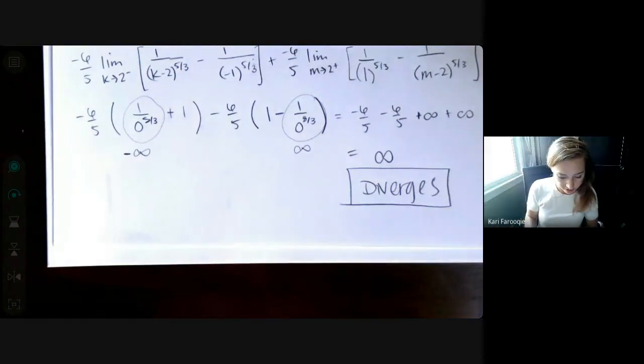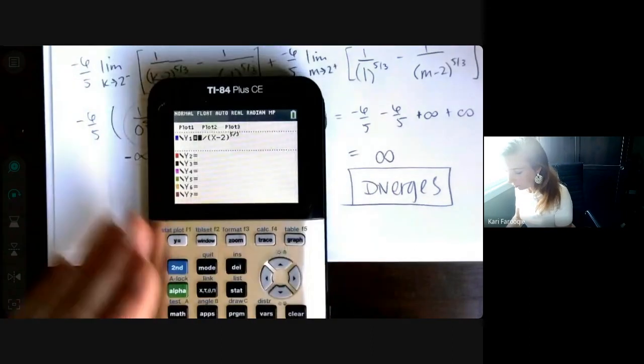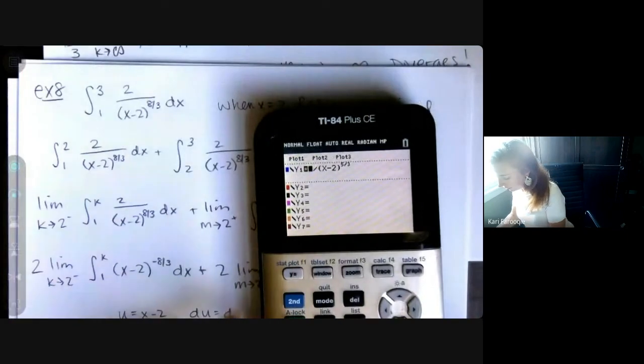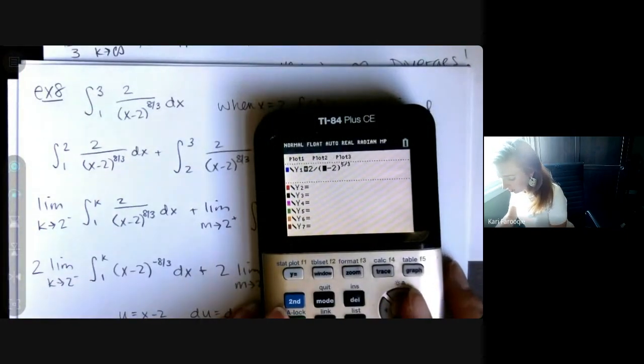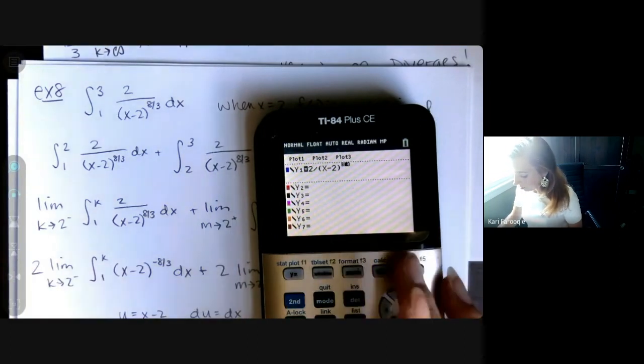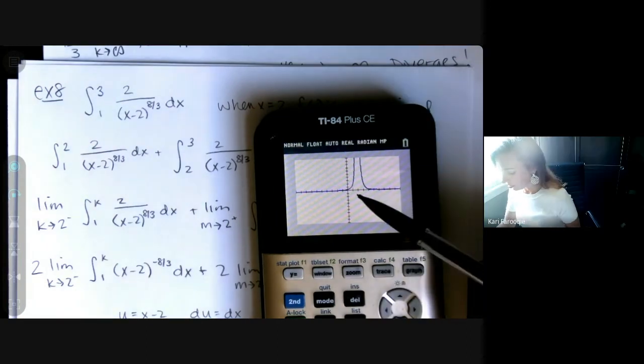which I guess isn't really that exciting of a conclusion. But since you already have so much of this function in here already, think about what you were actually presented with here. You had 2 divided by x minus 2 to the 8/3. If you look at what's happening graphically to the function, you're trying to integrate this over the interval from 1 to 3.